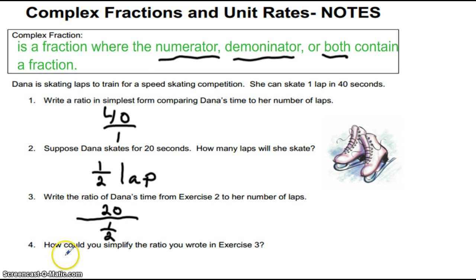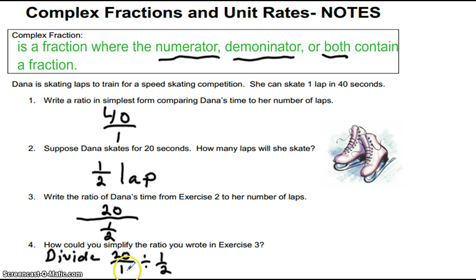How could we simplify this? We would just simply divide. We're going to take 20 over 1 and divide it by 1/2, because that's exactly what this is saying. 20 divided by 1/2.